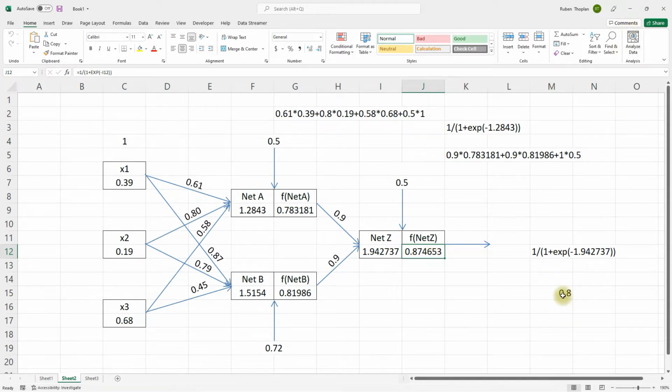And as I told you, maybe the real output in your data set is 0.8, but what you're predicting is 0.87. So you want to update those weights to give you another predicted output which is closer to 0.8. That is the idea behind it, and this is what we are going to do today in this video.